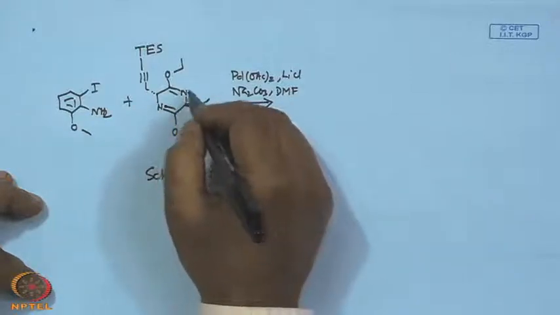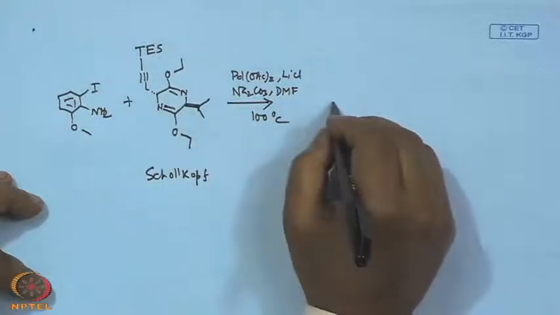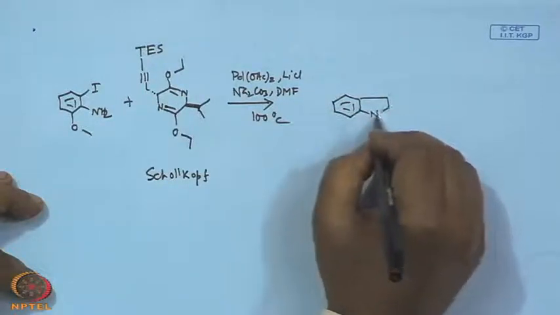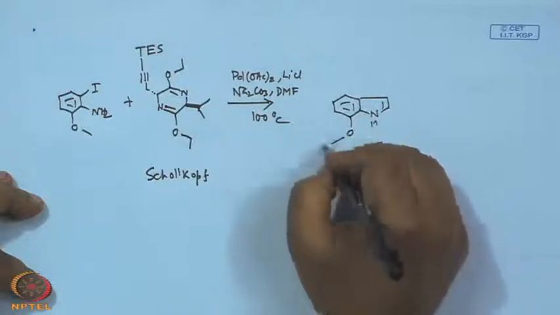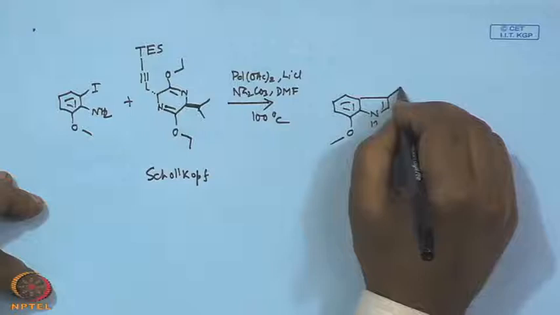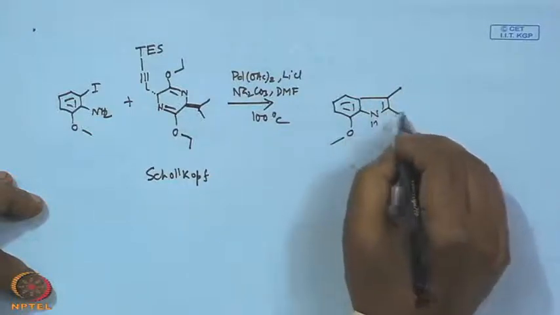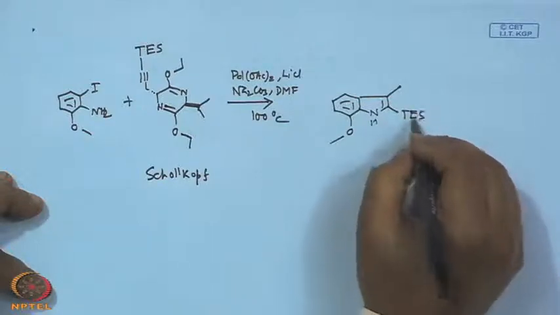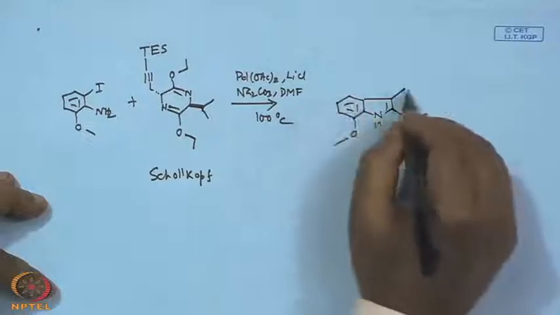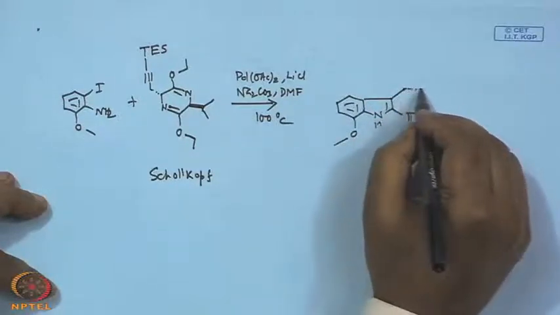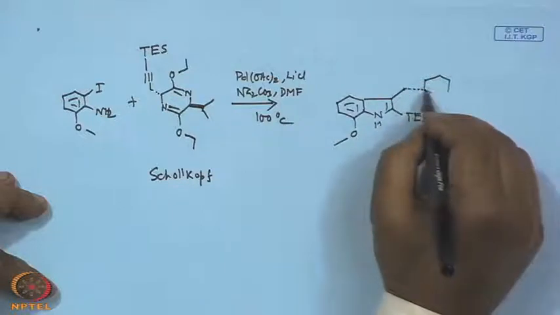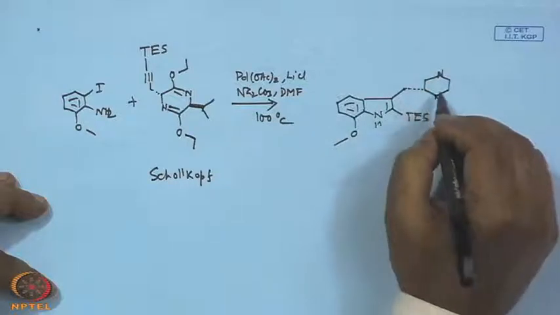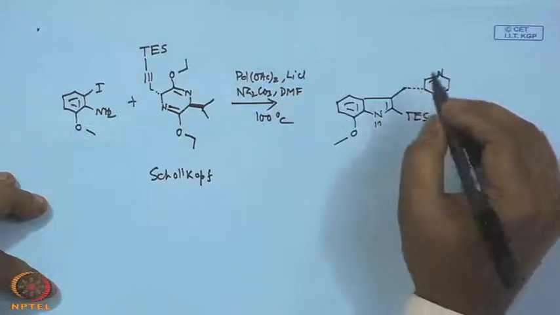This imine portion remains unaffected, the silicon moiety remains unaffected, and in one part what you will be getting? You will be getting this indole derivative here, and this one is the terminal alkyne portion, and this is the triethyl silyl portion, and then you have this group here, then the nitrogen, both the nitrogens are in the 1 and 4 positions with respect to each other.